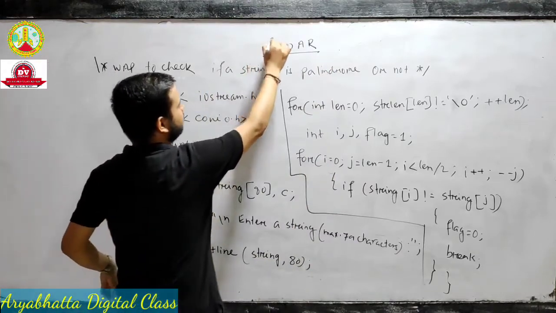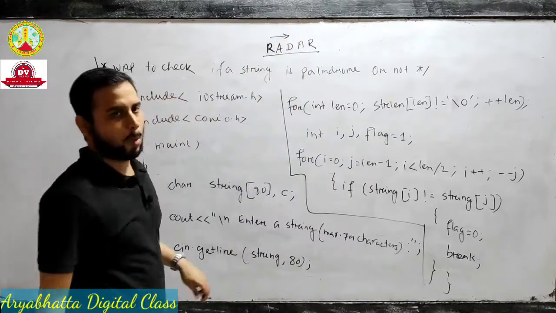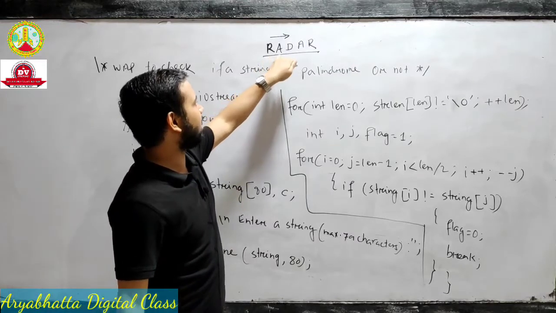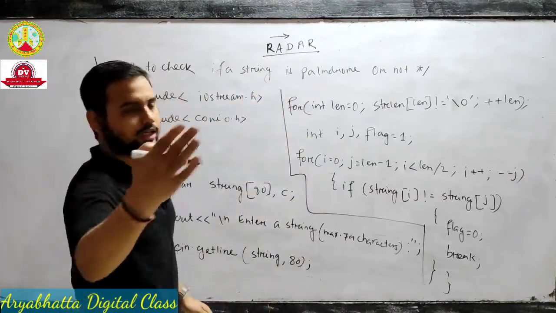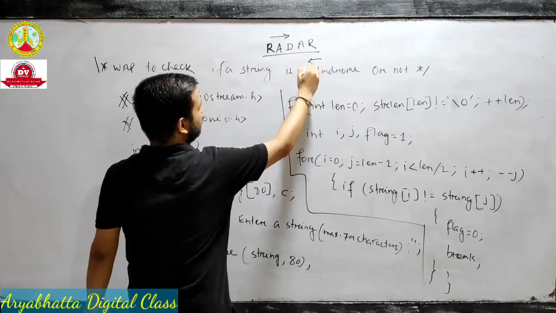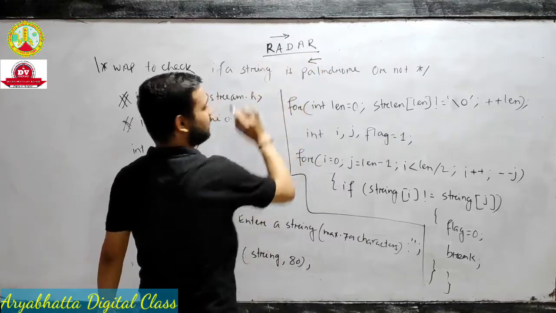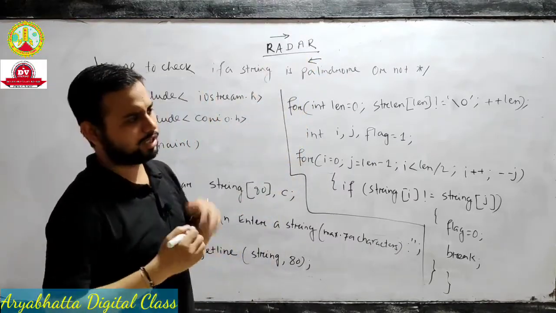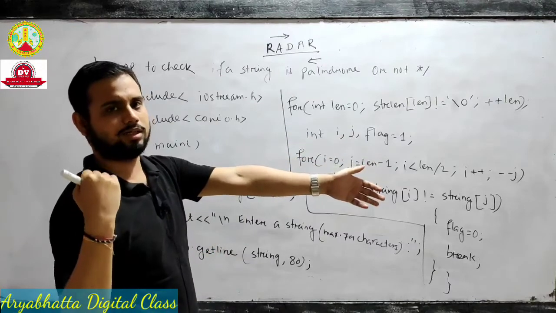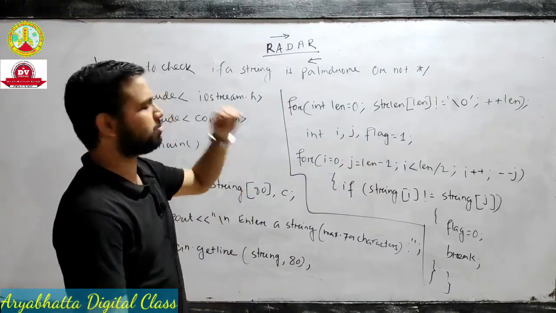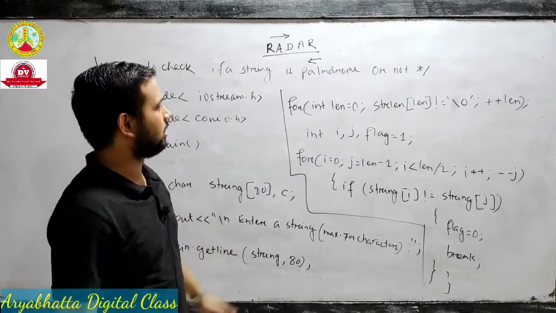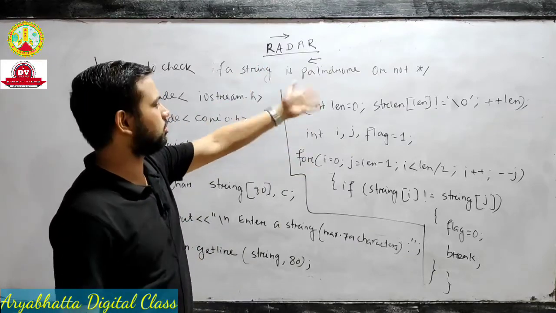If you see it from the forward direction, what is the character sequence? RADAR. From the backward direction, what is it? RADAR. It means the forward and backward characters are the same, and this type of string is called a palindrome. If it is not the same, it is not a palindrome.